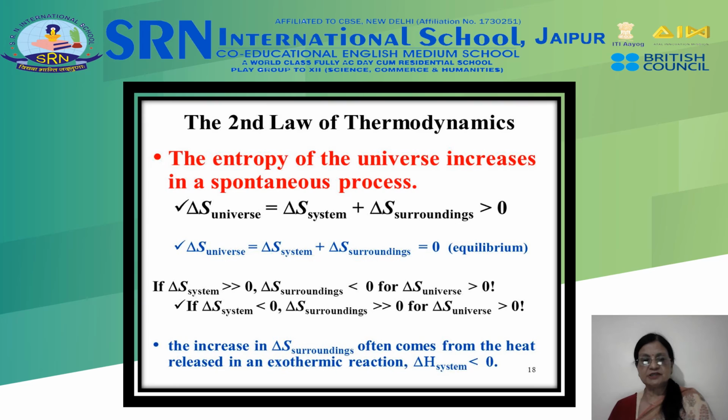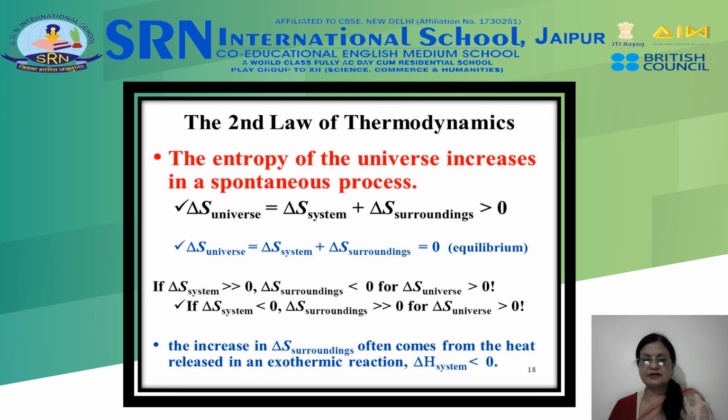The increase in delta S surrounding often comes from the heat released in an exothermic reaction. If a system is releasing energy, that is, if the reaction is exothermic, the heat will go into the surroundings, and the entropy of the surroundings will increase because the heat is coming from the system.